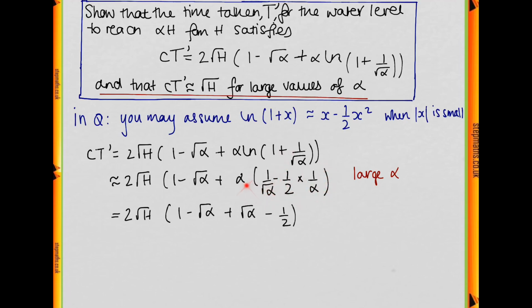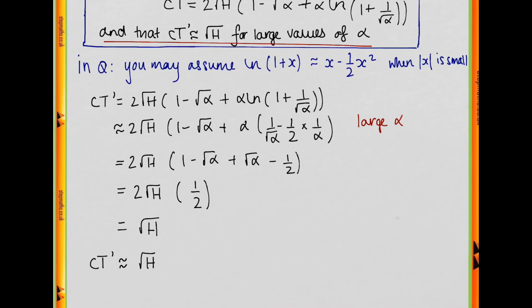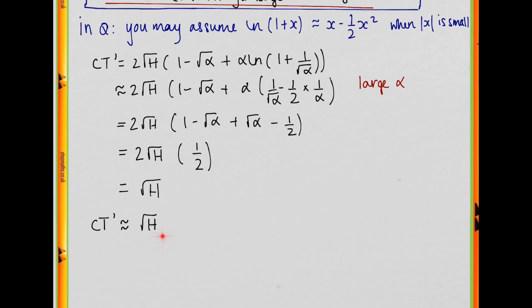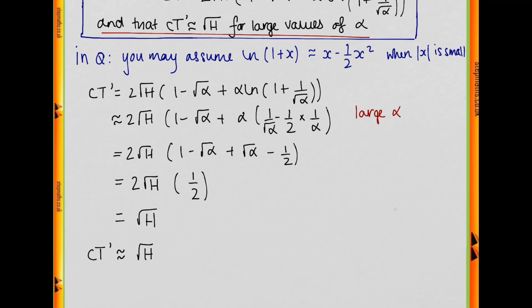Multiplying this, we get alpha over root alpha, which is root alpha, and then alpha times 1 over 2 alpha, which is a half, minus... which gives minus a half. Then these root alphas cancel, and we get just a half in this bracket. So we get 2 root H times a half, which is just root H. So ct dash is approximately root H for large values of alpha, as required. And that's the end of the question.